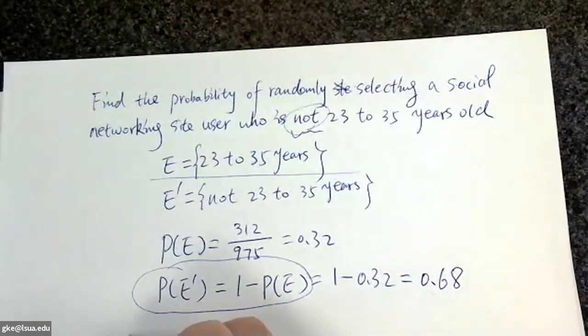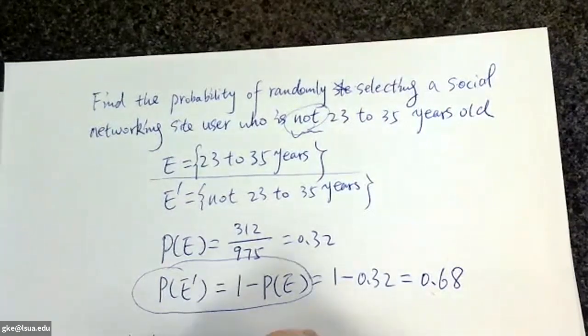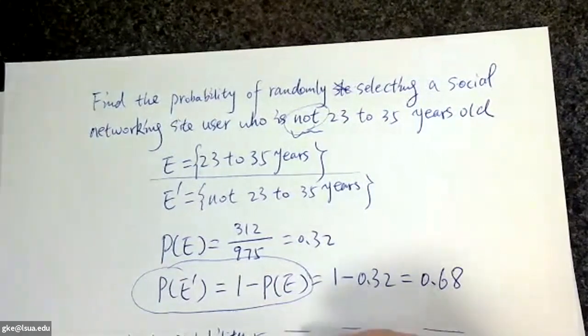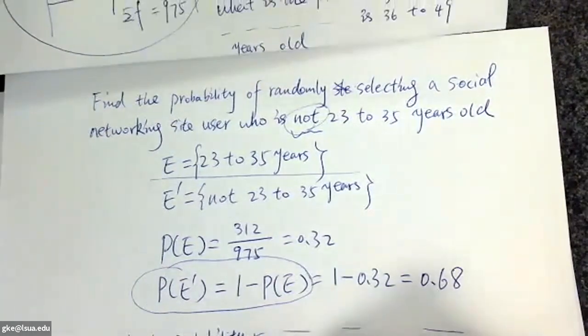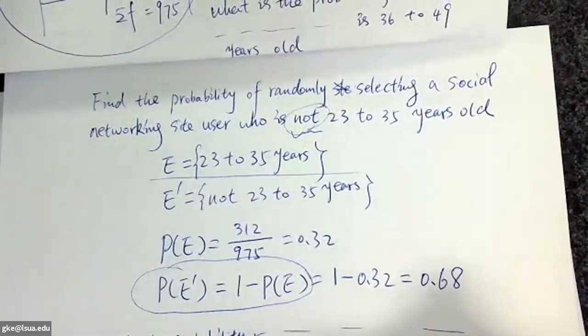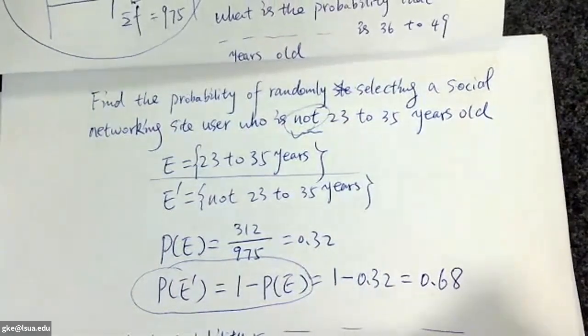Find the probability of a randomly selected user who is not 18 to 35 years old.